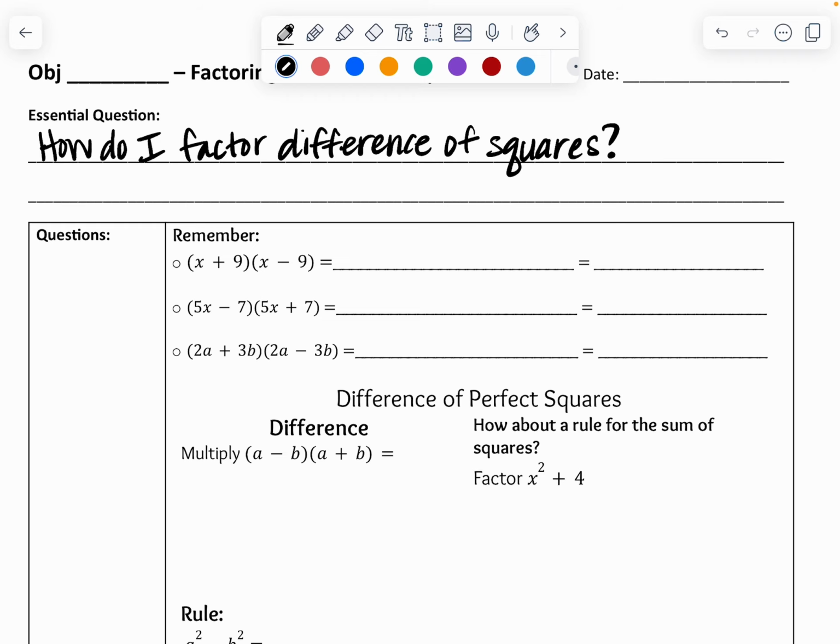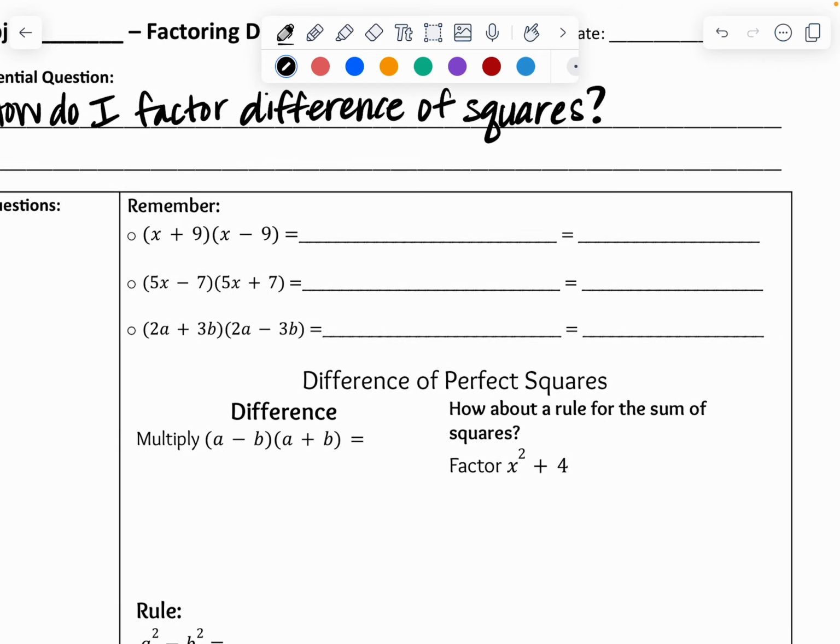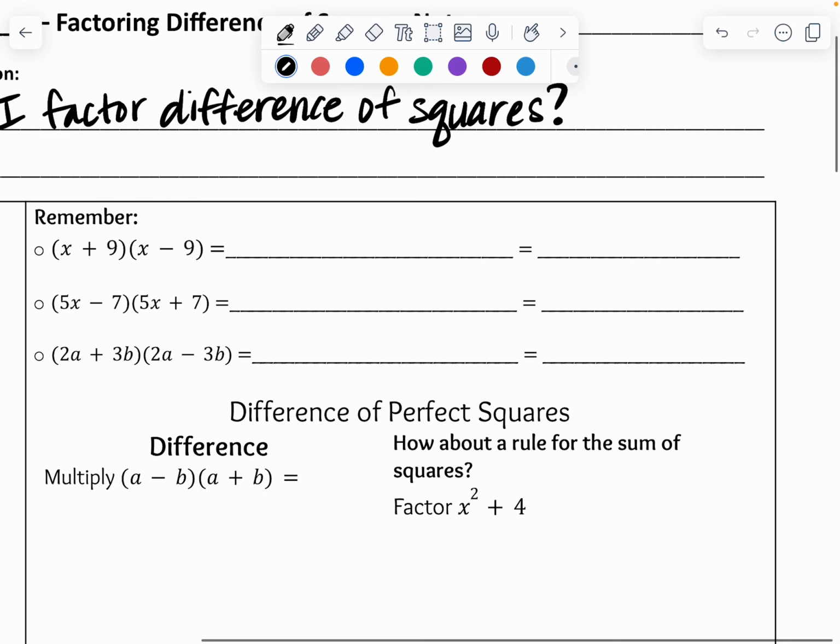So let's just really quickly remind you how when we are multiplying binomials, we end up with usually a trinomial. But in the case of difference of squares, the middle term is eliminated.